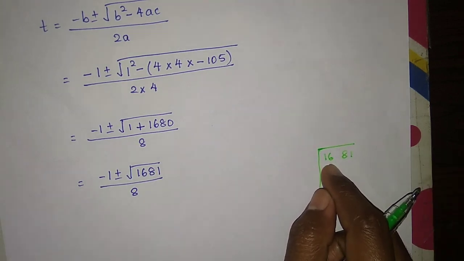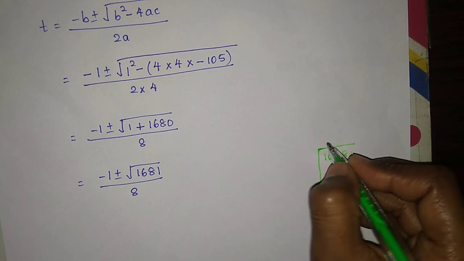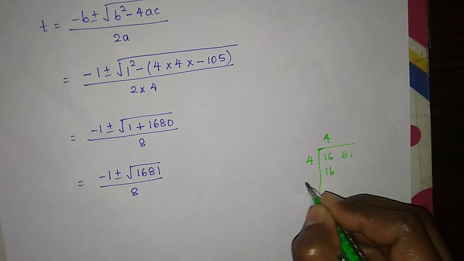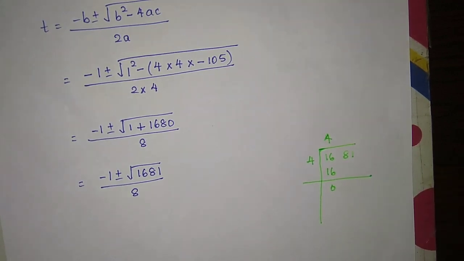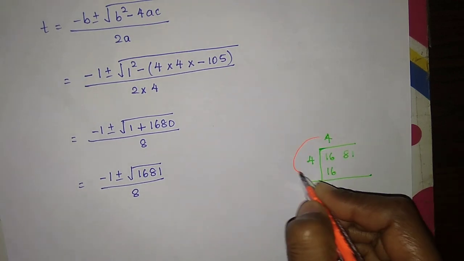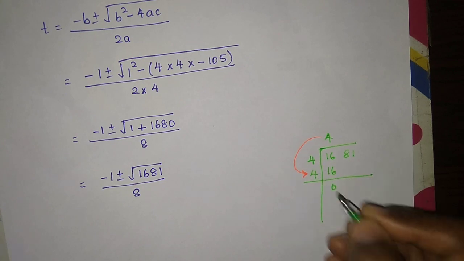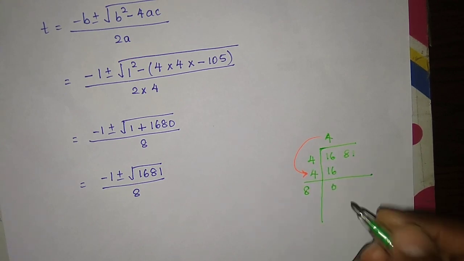Now the square number which is less than or equal to 16 is 16 itself. 4 4s are 16. So we will divide that. 4 4s are 16. 16 minus 16 is 0. Now bring this 81 down. 4 plus 4, add them. 4 plus 4 is 8.